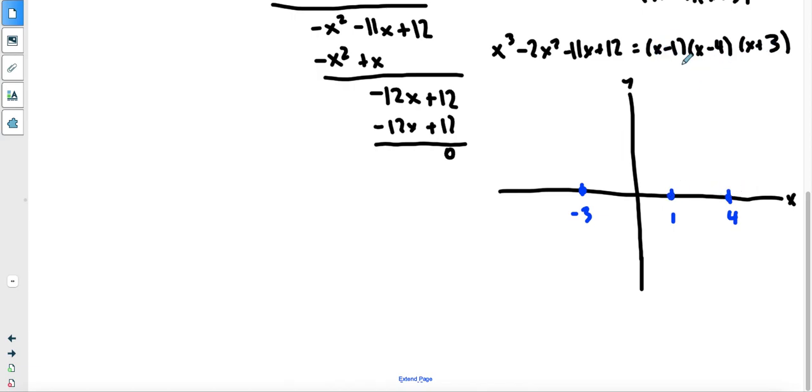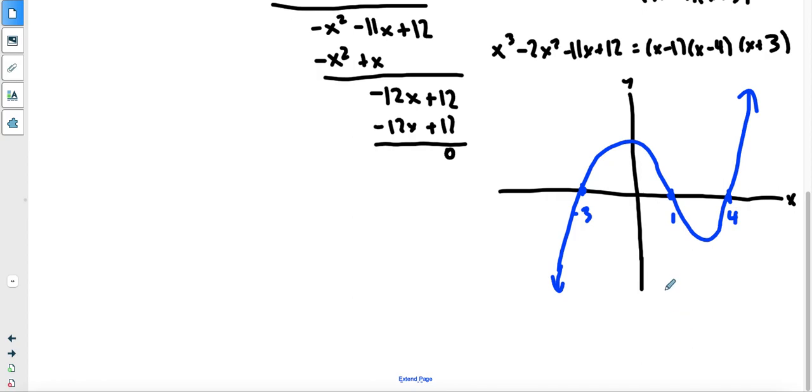The degree of my polynomial here is 3, and my leading coefficient is positive. So that means, just like the graph we looked at before, my end behavior is going to extend from quadrant 3 to quadrant 1. So my graph is going to look something like this.